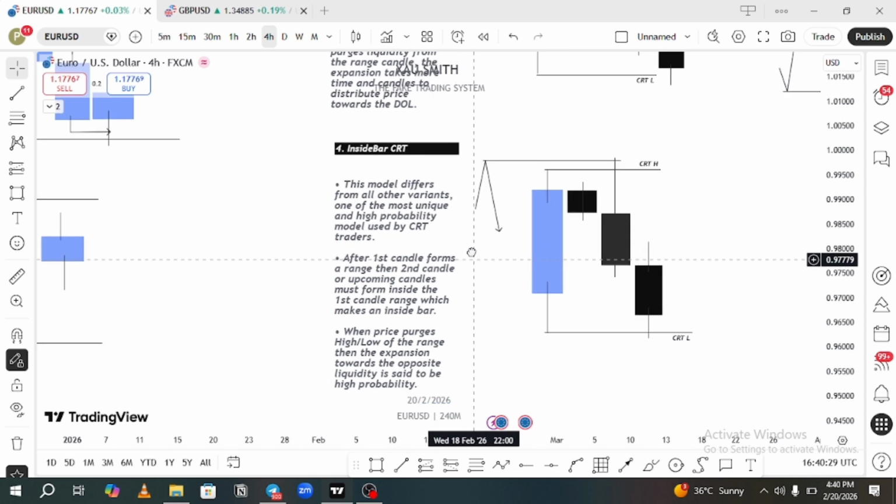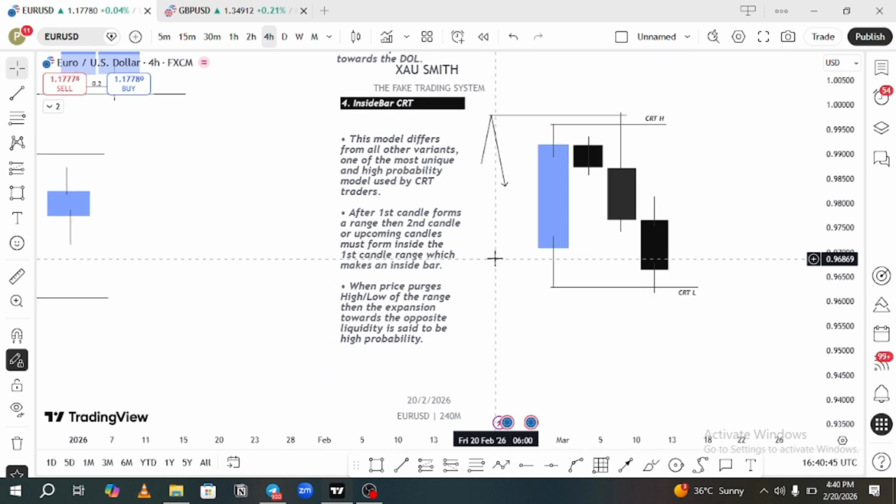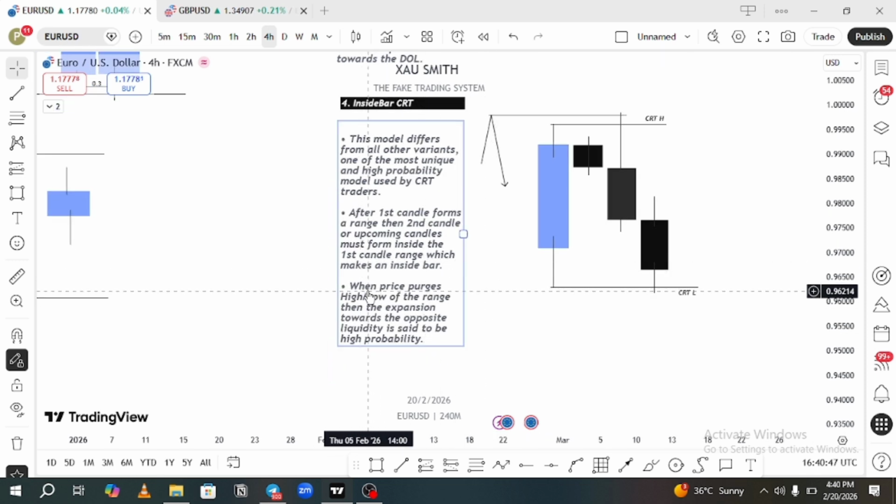The second point is, after the first candle forms a range, the second candle or upcoming candles must form inside the first candle's range, which makes an inside bar. We all know what an inside bar is, right? The third point is, when price purges the high or low of the range, the expansion towards the opposite liquidity is said to be high probability.